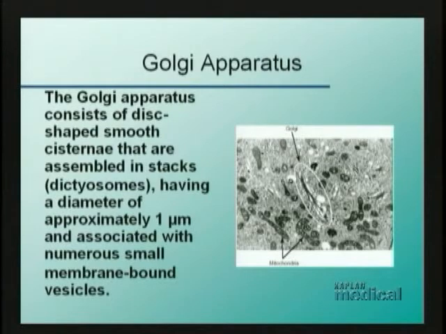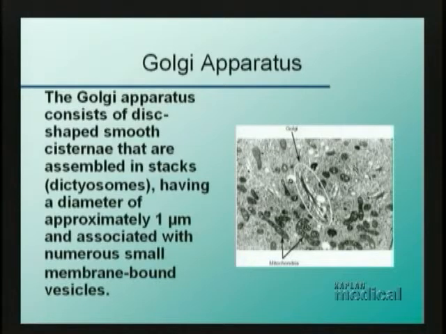Golgi apparatus looks for all the world like smooth endoplasmic reticulum in that it is typically found in the form of stacks of parallel arrays of cisternae. The difference is the Golgi apparatus typically has a slight curvature to its membrane-bound cisternae, which you could see in the electron micrograph on the right side of the page.